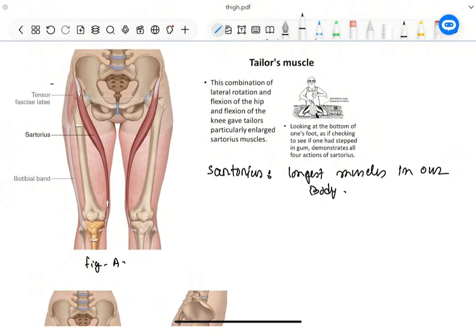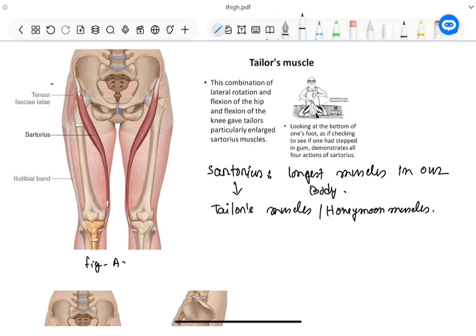According to its function, its other name is the Tailor's muscle. We can even say its other name is the honeymoon muscle also. Why we are saying such names for the Sartorius, I am going to explain shortly.